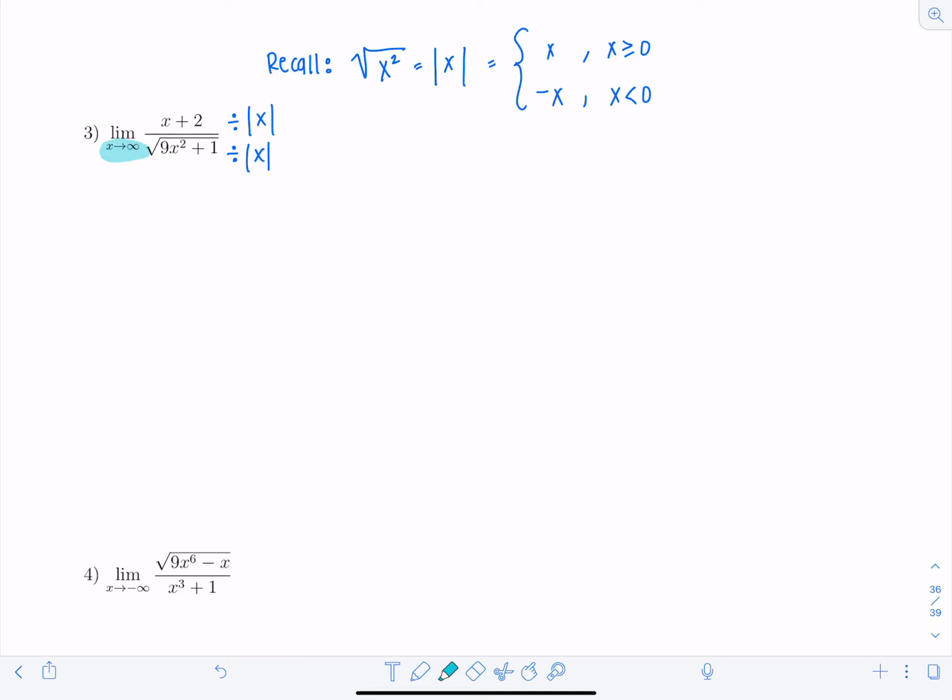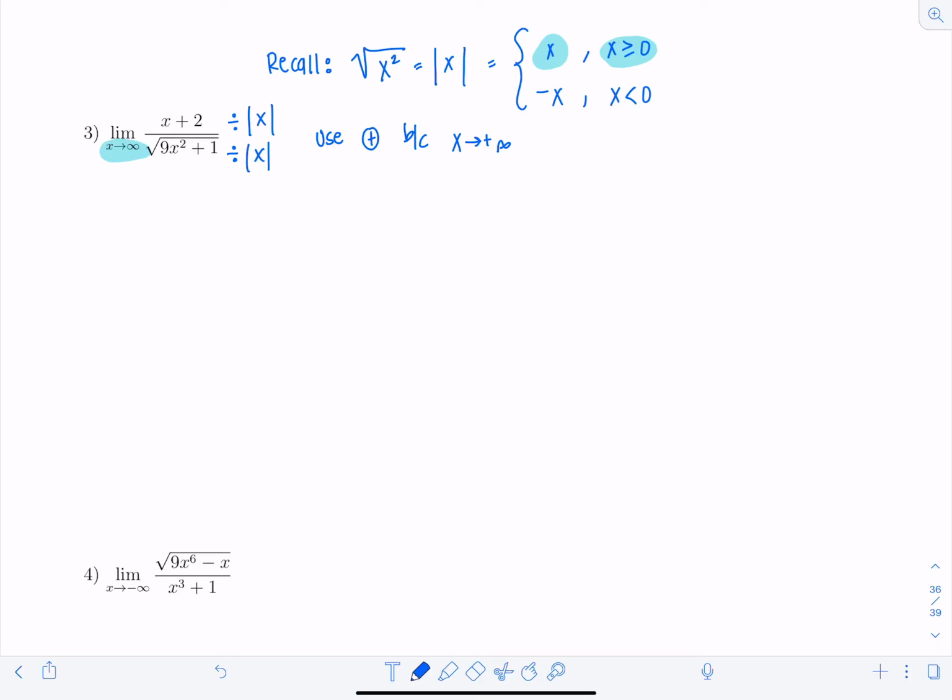So I'm headed in the positive x direction, which means absolute value of x is defined to be x. So I'm going to use the positive portion of my piecewise defined function because this limit x is going to positive infinity. I'll show you what you would do if it was going the other way in another example. But you do need to show that you thought about it.